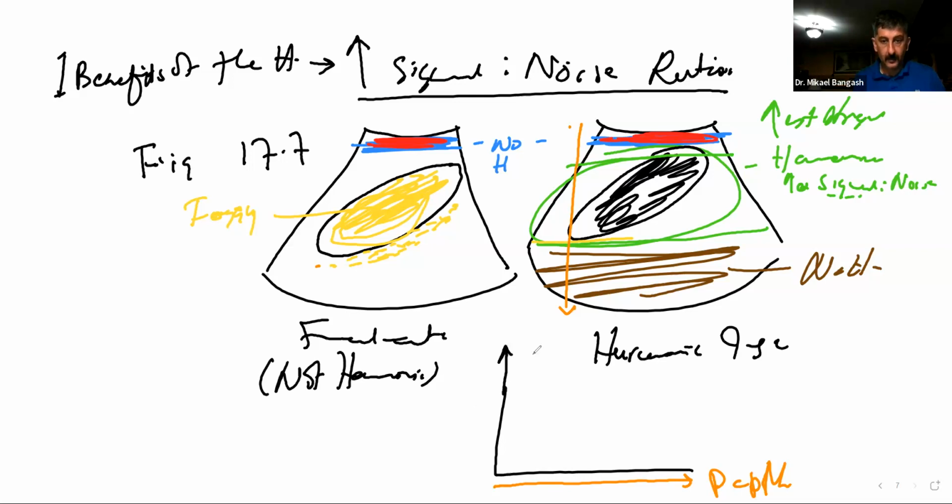This axis here gives us the strength of our harmonics, which we said in the beginning at depth was not there, because your harmonics had not yet developed, or you can say they were not strong enough.